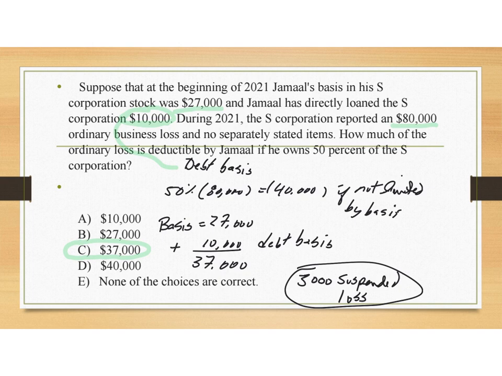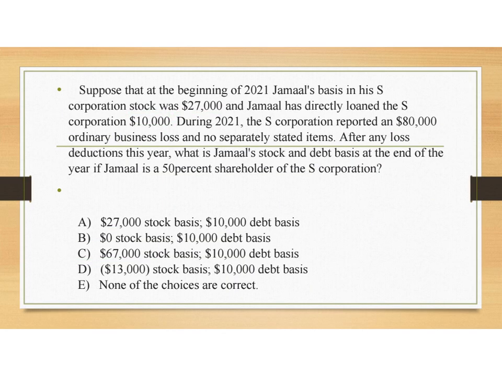It should be noted that it's an indefinite carry forward for that suspended loss. However, if they never increase their basis prior to selling their stock in this S Corporation, then that suspended loss will expire unused. Okay.